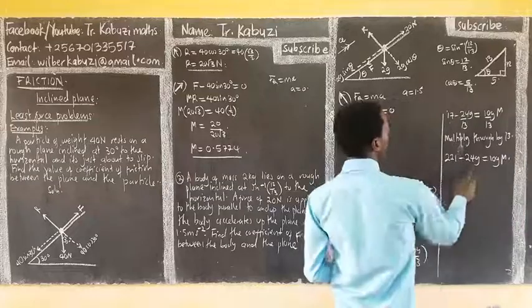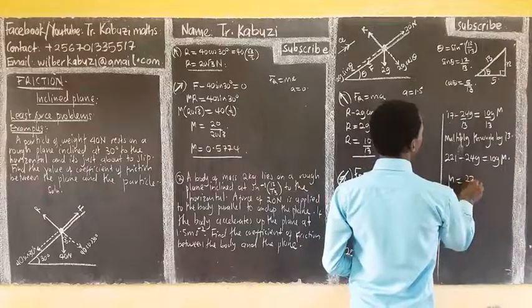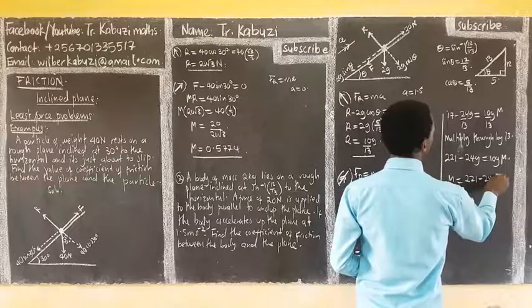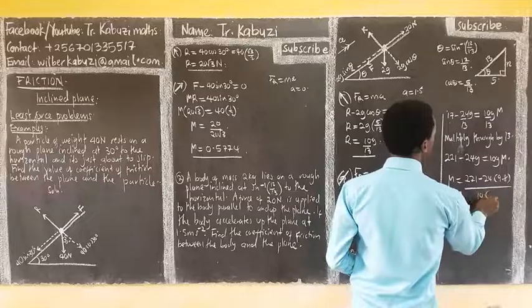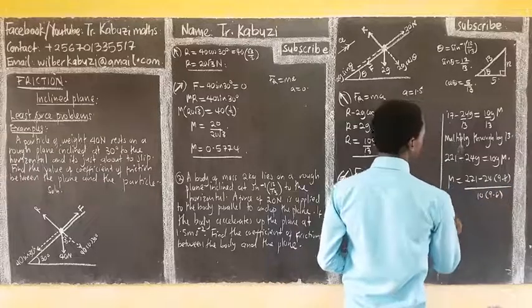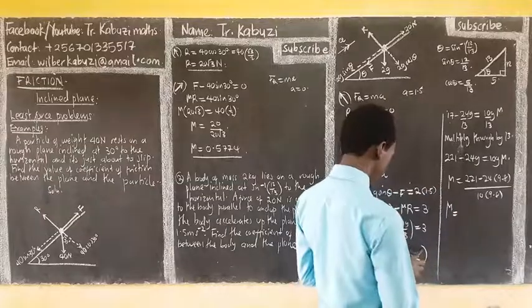And then the rest, if we substitute there, we shall have our mu as 221 minus 24 into 9.8, all over 10 into 9.8.